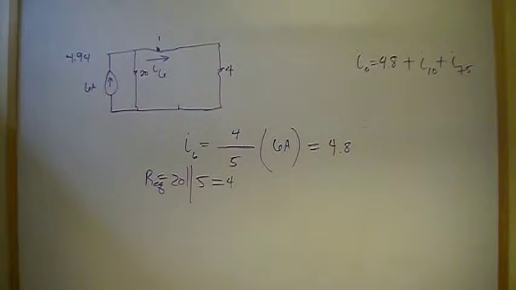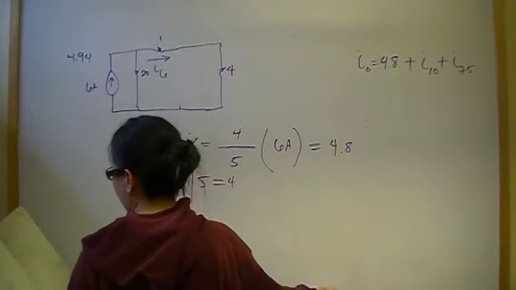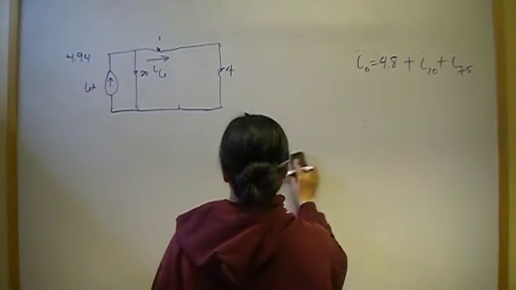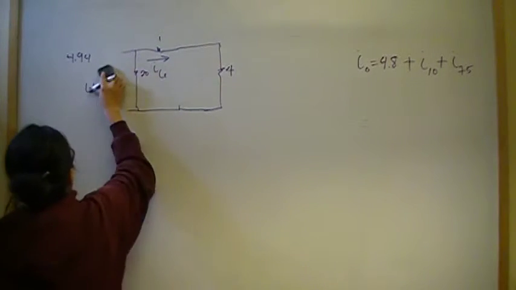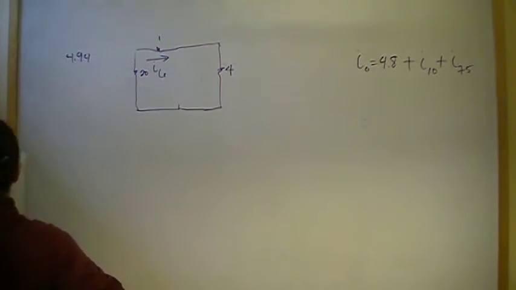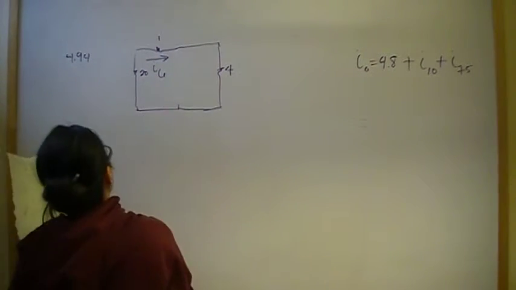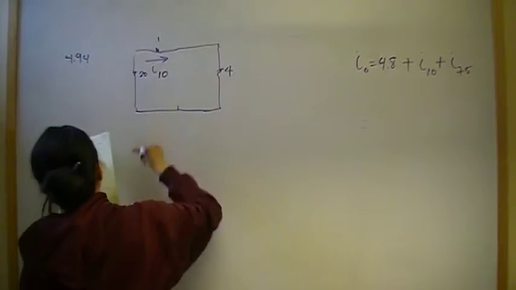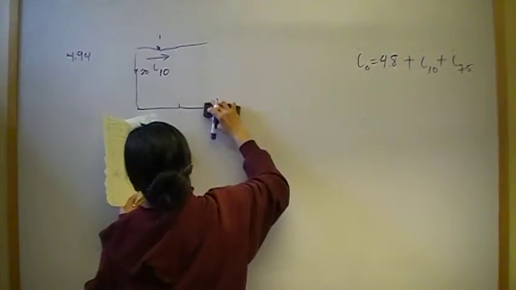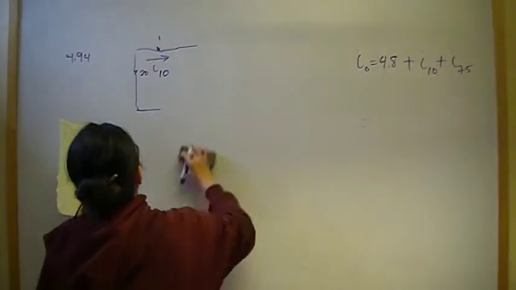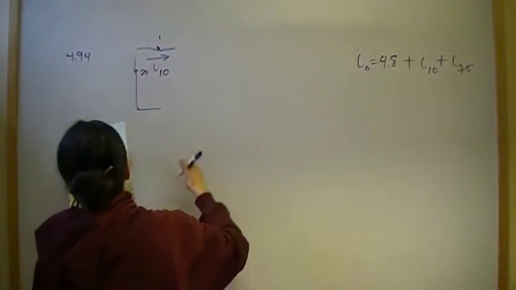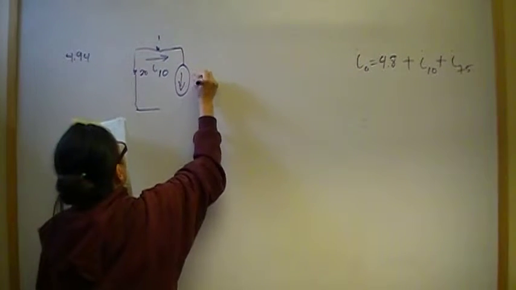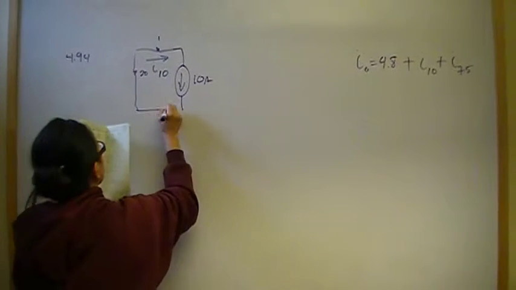So that is the effect of just the 6 amp. Now we're going to restore the circuit and consider just the 10 amp. So disable the 6 amp, gives me 20 here, and I'm looking for I10 this time. I'm going to restore the 10, so we got 10 here, like that.